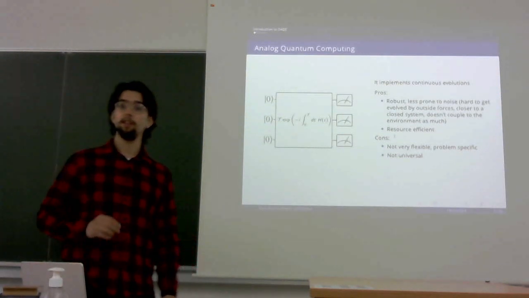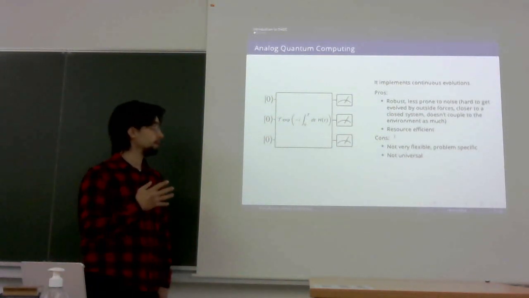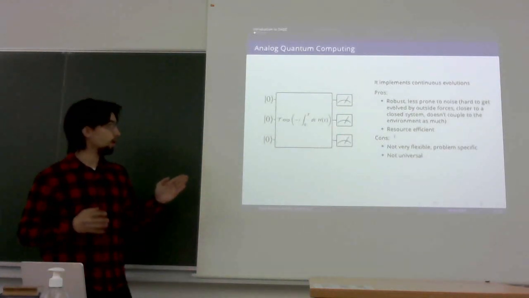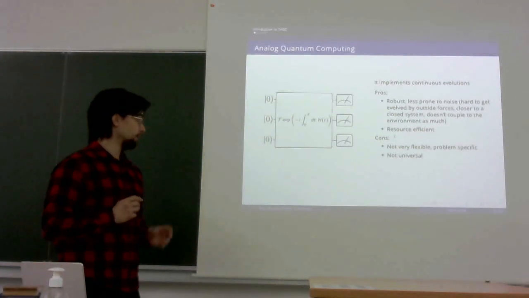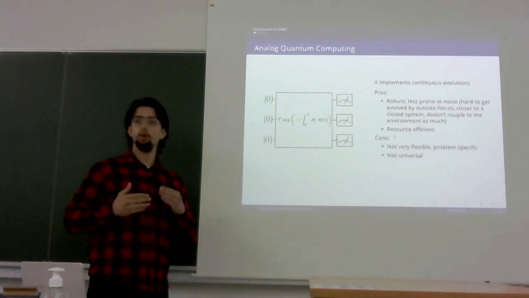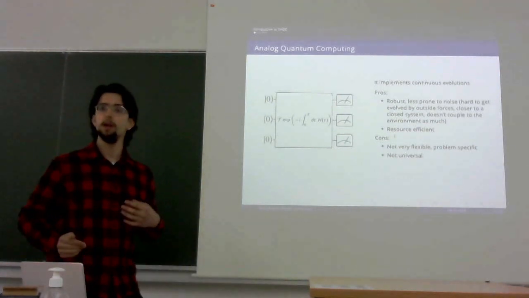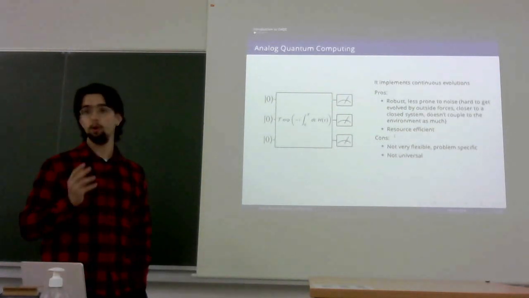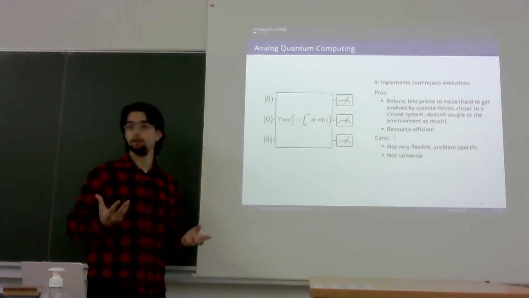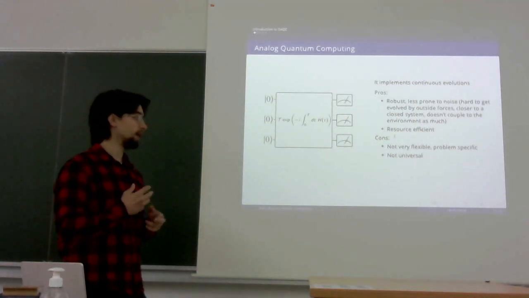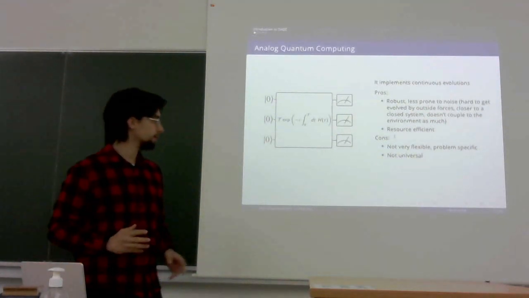To explain digital analog quantum computing, I'm going to first go over analog quantum computing, which is the implementation of a continuous evolution over our state. Usually this is a very natural quantum interaction of many spins, for example, and it has a lot of pros. For example, it's not really prone to decoherence errors because it's not going to be evolved by outside forces like the environment.